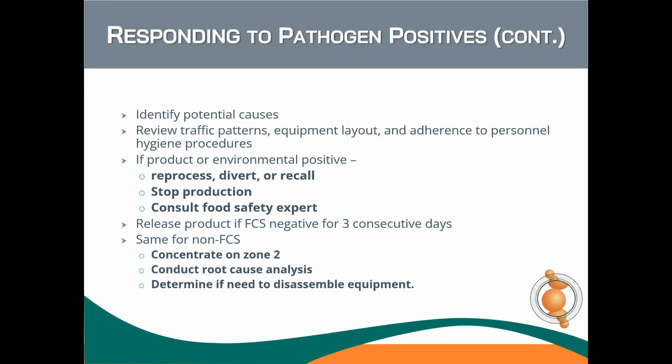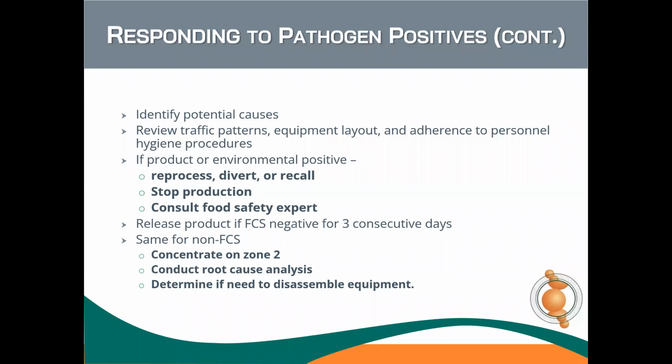So further actions to be taken in responding to a positive pathogen result are identifying potential causes. You need to do an extensive review of your traffic patterns, equipment layout, and adherence to personal hygiene procedures, and that will really help you to find those potential causes.